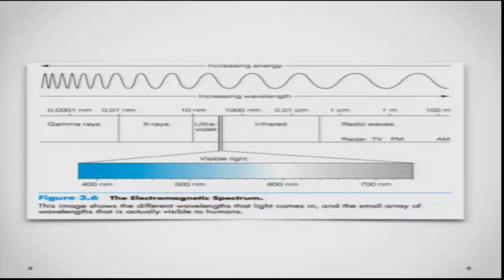Here you can see this range of visible light. Right from 380 nanometers to 750 nanometers is what we can actually see, and the electromagnetic radiation in this wavelength constitutes our visible spectrum.